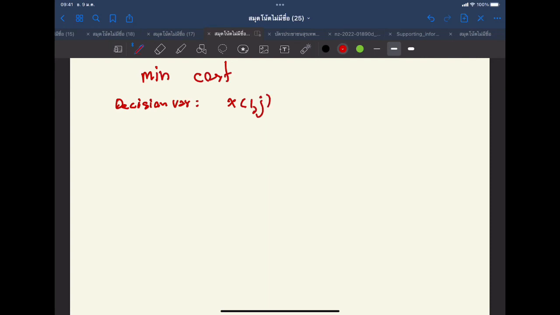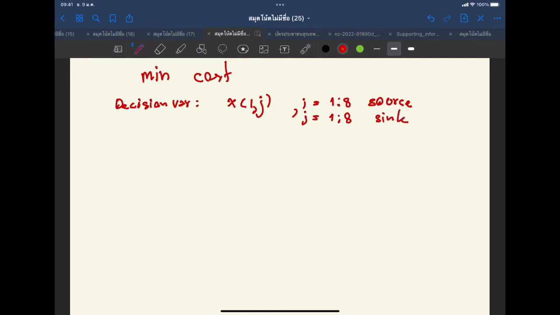Xij, where i can be 1 to, we have 3 suppliers, and we have 5 customers, so totally 8. Because sometimes source can be sink, and sink can be source too. And j can be 1 to 8, right? We treat i as source, and j can be sink.